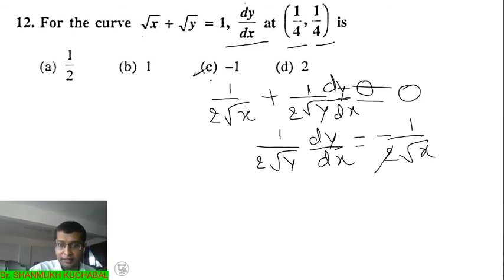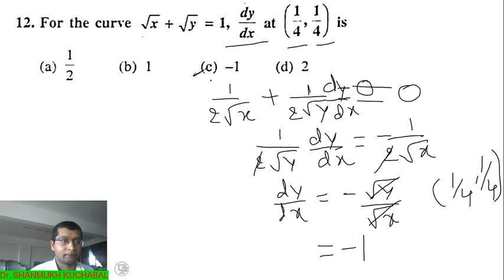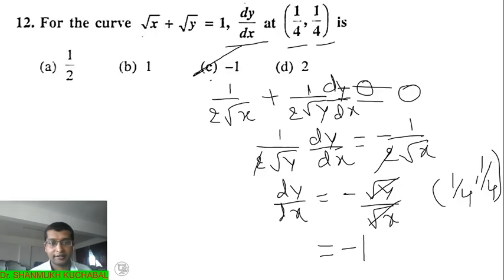So the 2s cancel, so dy by dx equals minus root y divided by root x. Now I take x as 1 by 4, and y as 1 by 4, so both are the same value, so they cancel, and we get the answer as minus 1. Therefore C is the right option.